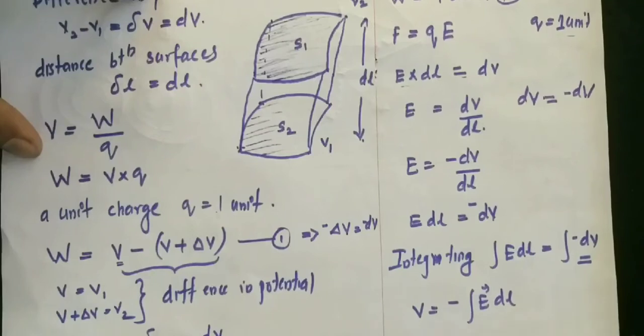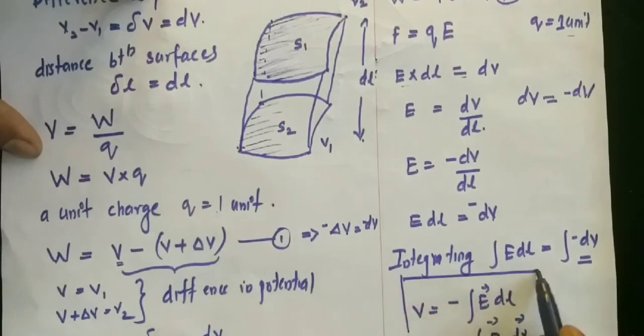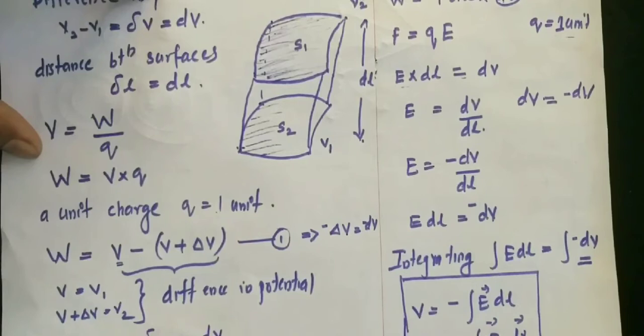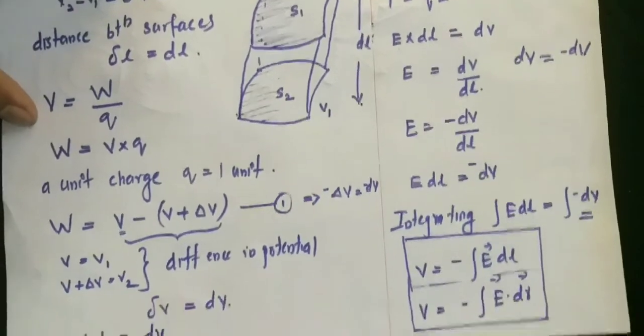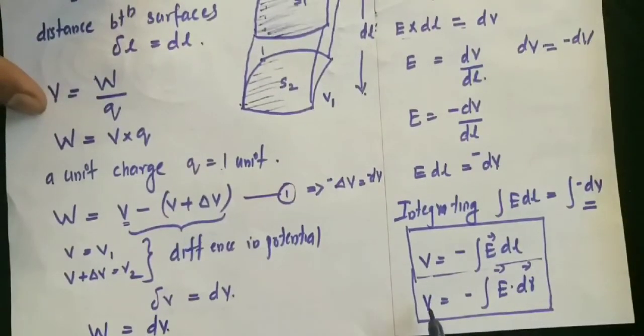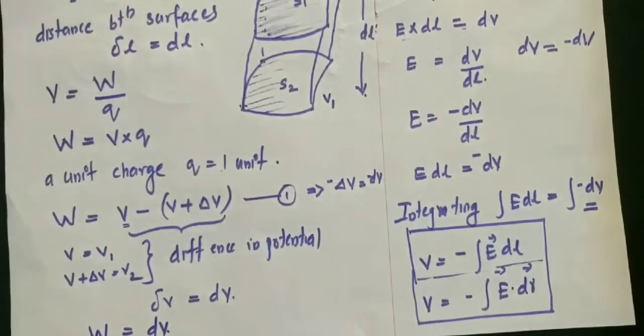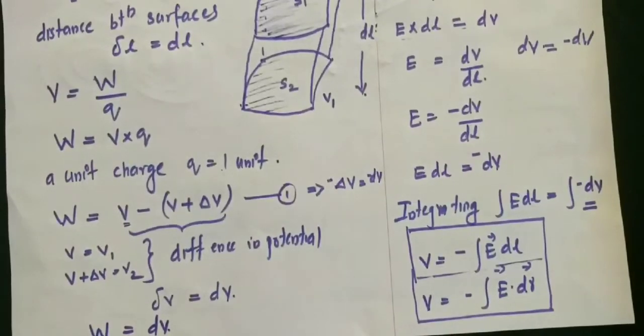In general, it will be E dot dl. Or similarly, if I replace dl with dr as a convenient parameter, as you can see in the physics textbook, V is equal to minus integral E dot dr, you can also write it. No problem, both are the same. So anyway, potential is the negative integral of the dot product of electric field and the distance.